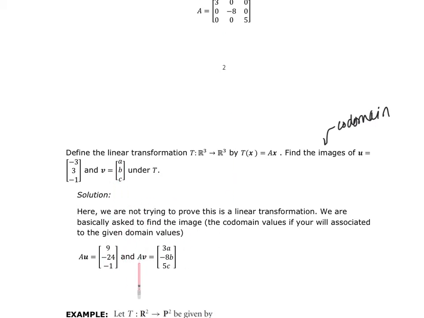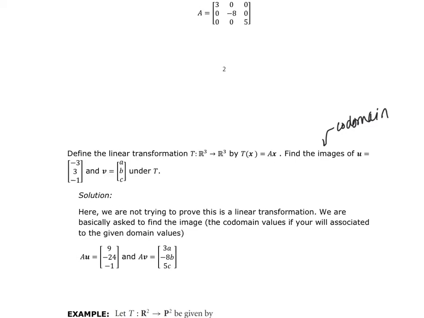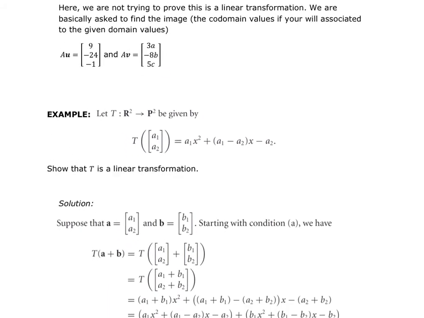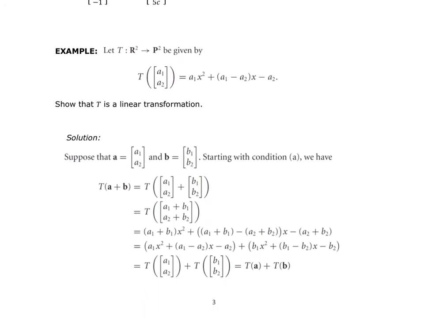Order does matter with matrix multiplication. What we're doing is just finding the codomain values associated to the domain values of u and v. We're not trying to prove it's a linear transformation. We're just getting used to how we define a linear transformation. Let's find the codomain, or the images. So we're just getting used to some of the notation and what it means.